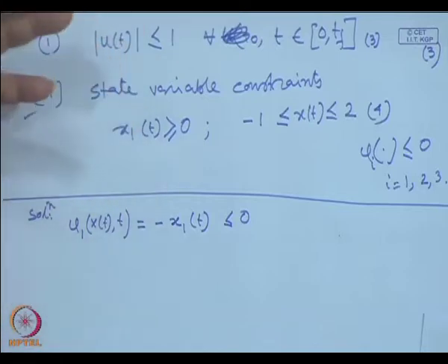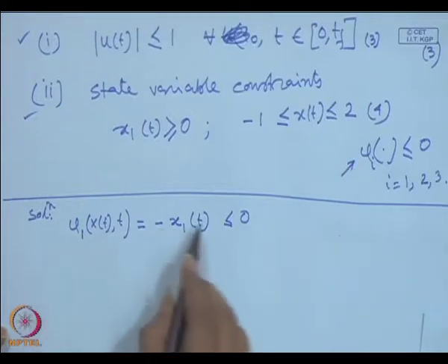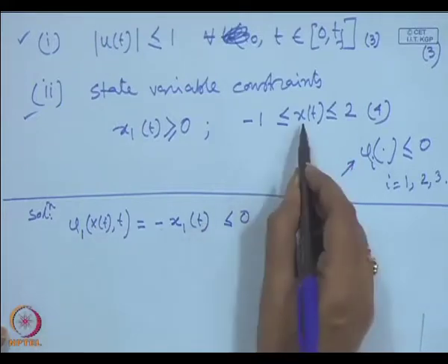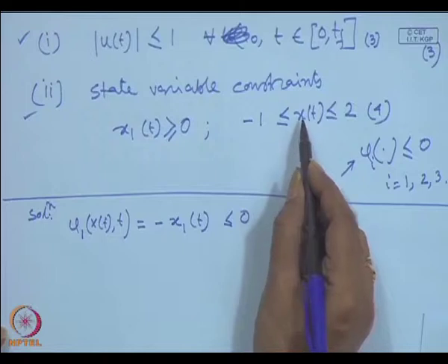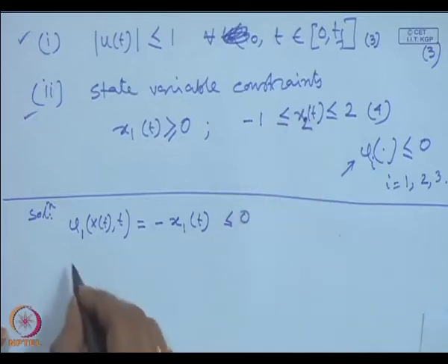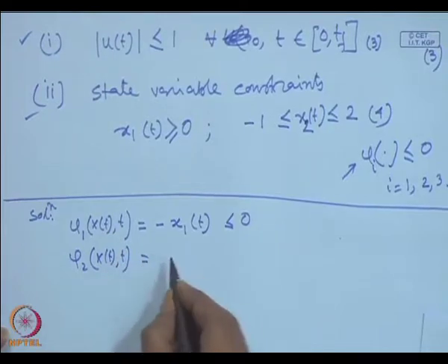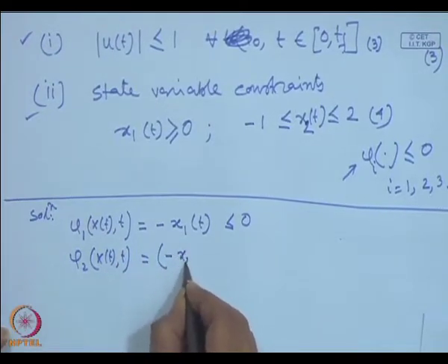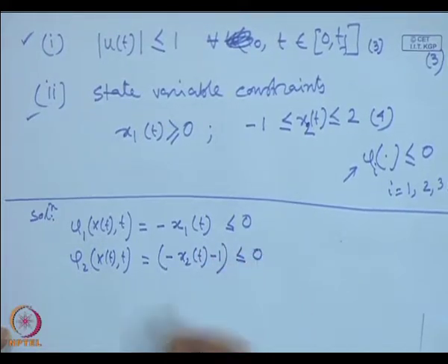This problem we have to solve by augmenting one state, x n plus 1. Before that, I am writing the inequality constraints in the usual form. Psi 1 is minus x 1. Another condition: if you take the terms to this side, minus 1 minus x 2 is less than or equal to 0. So psi 2 of x of t is equal to minus x 2 of t minus 1, less than or equal to 0.